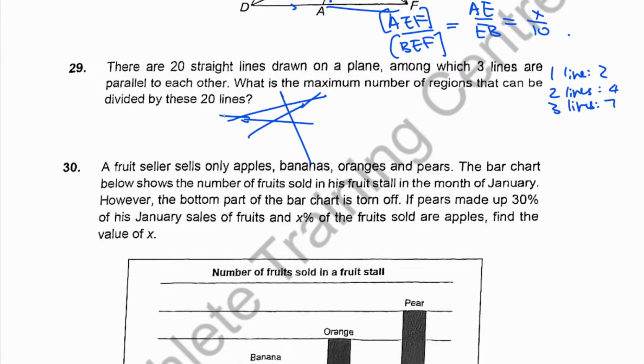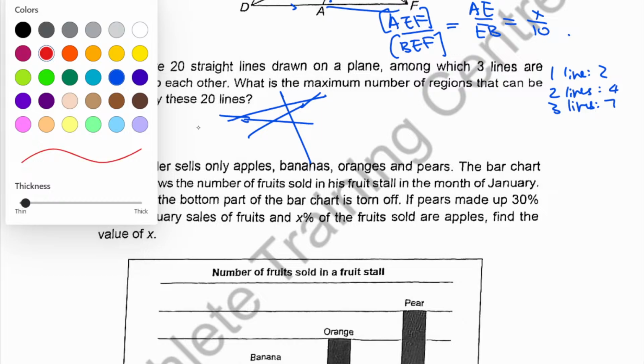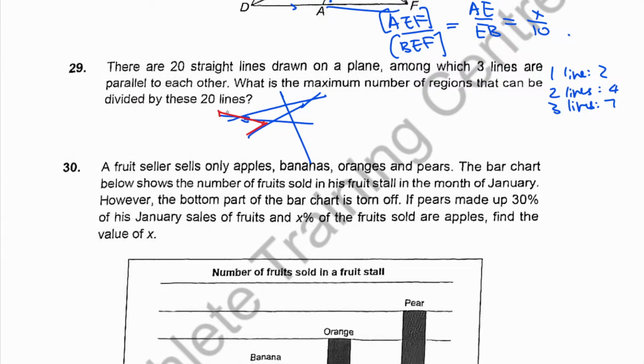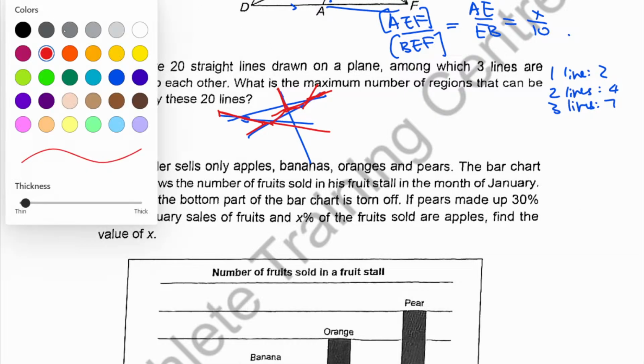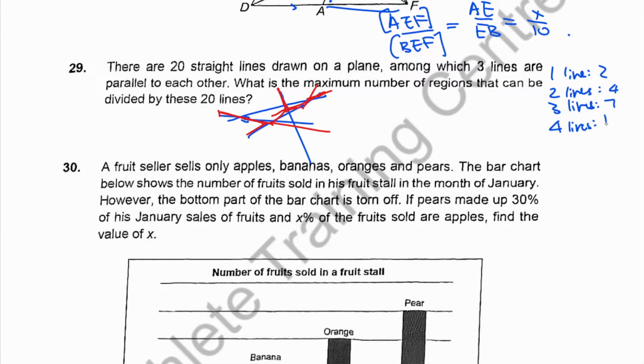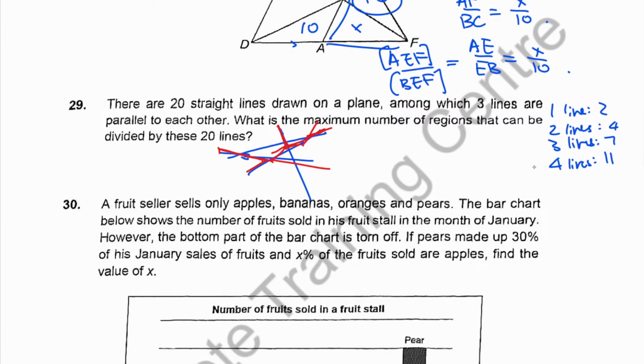Because the original four regions are like here, here, and here, and here. Then four lines will give you 11 and so on.